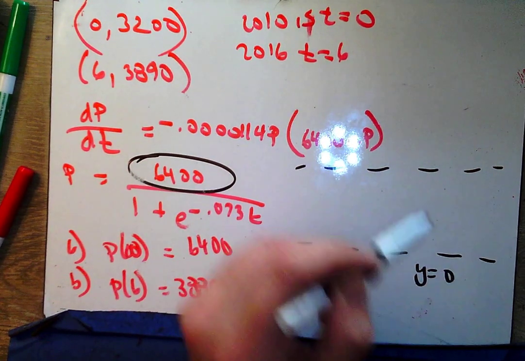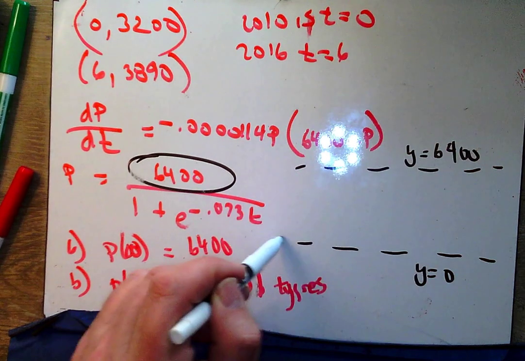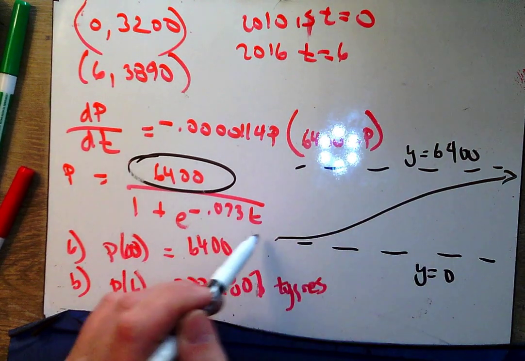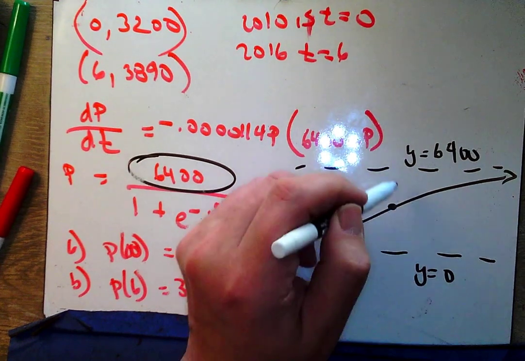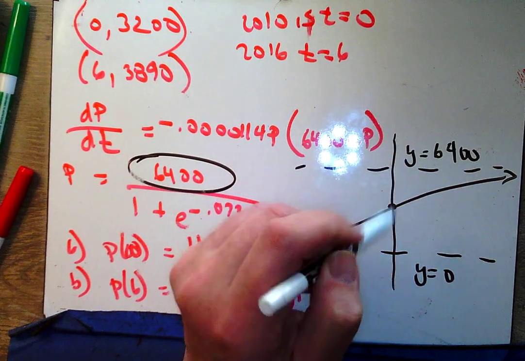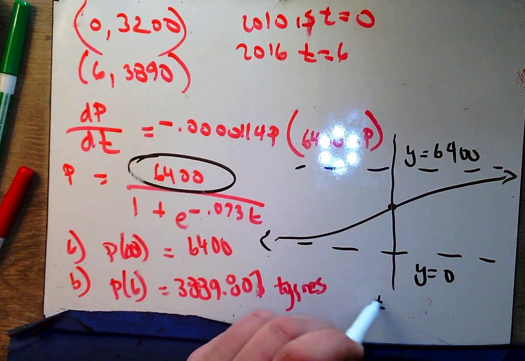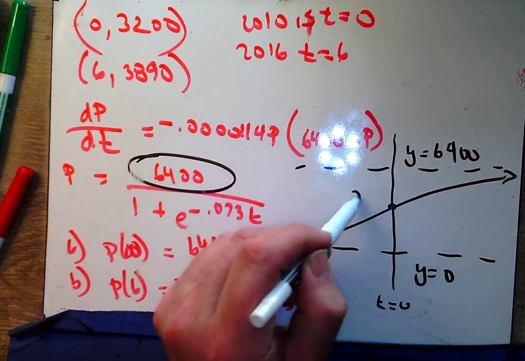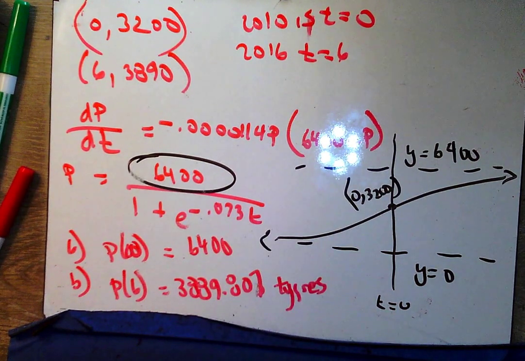That's y equals 0. Here's our y equals 6,400. And here is our time axis. And this is t equals 0. And that's 3,200.